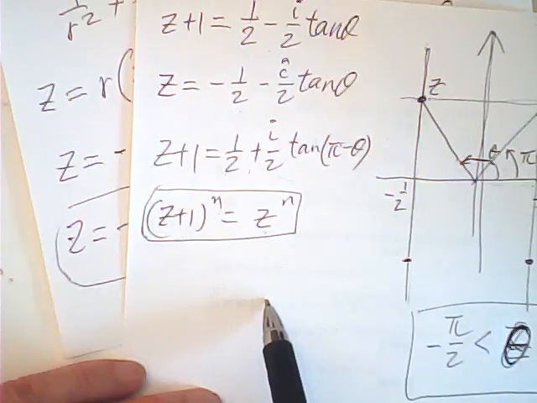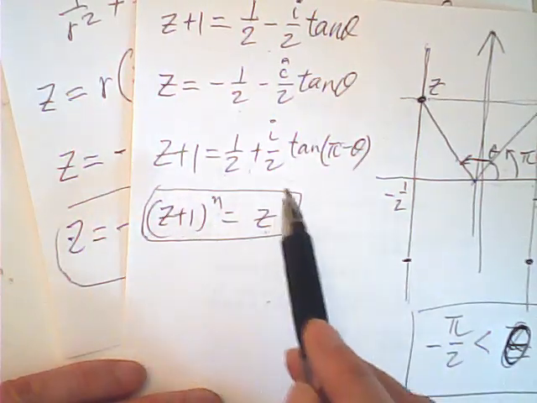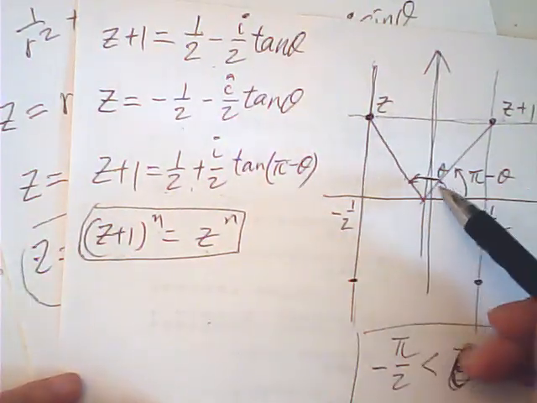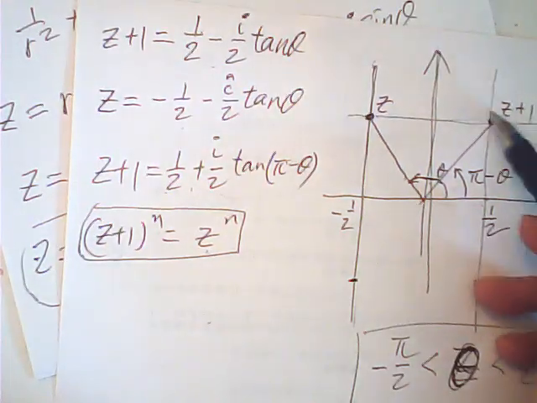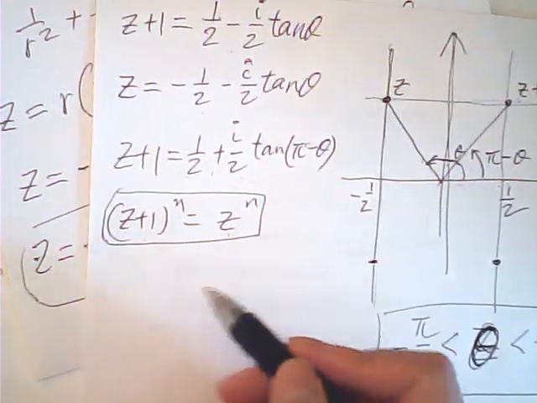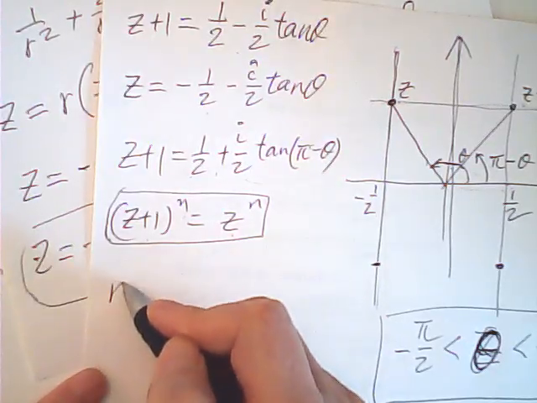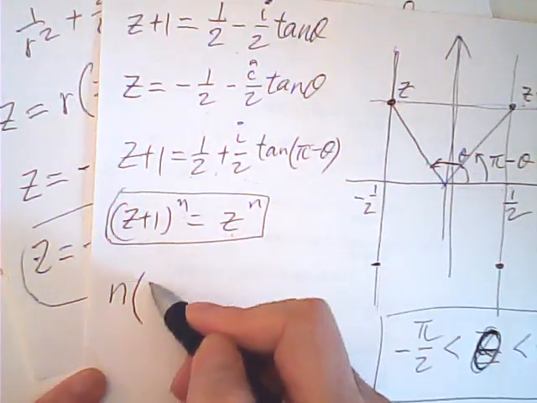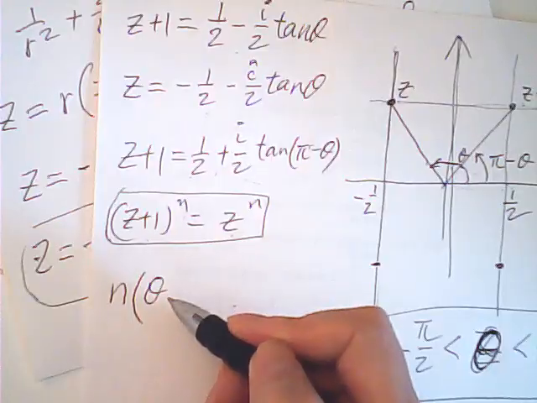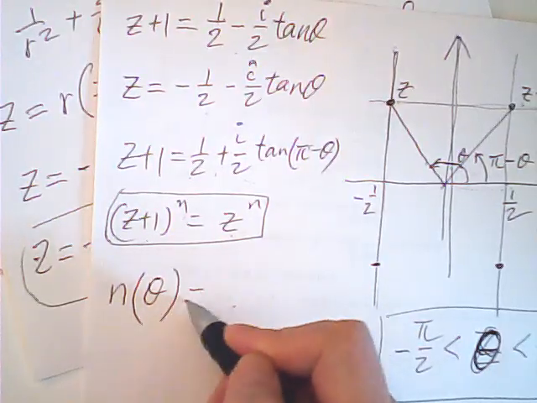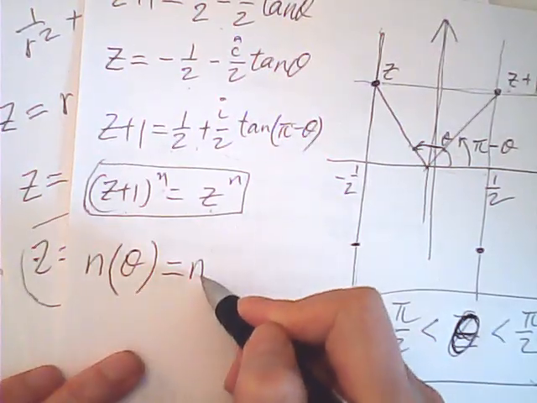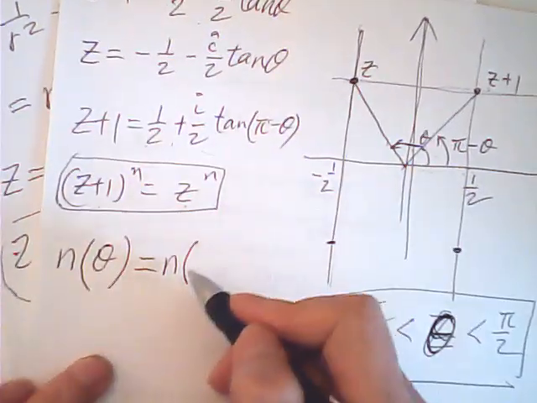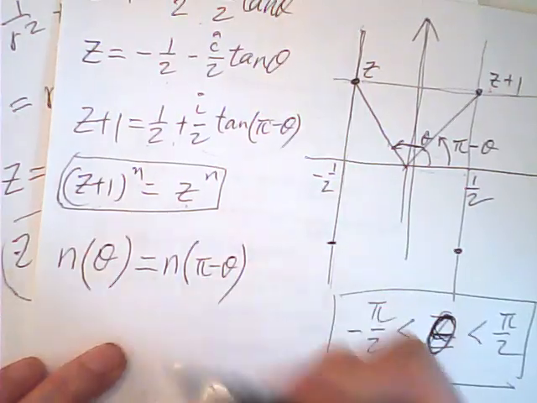Now, this complex number's argument is theta. This argument is this. Therefore, n times this is equal to n times this, pi minus theta.